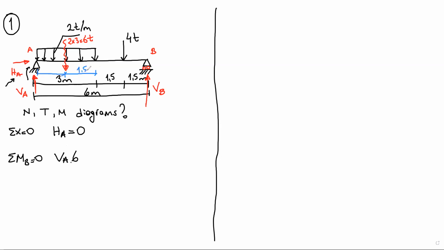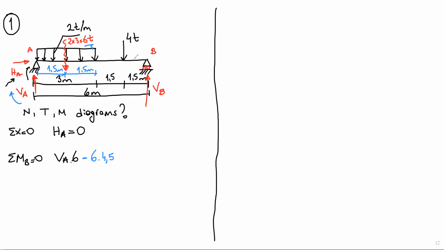That means here 1.5 meter, 1.5 meter. Okay, so 6 times 4.5 meter. But is it positive or negative? If vertical A rotates the system in positive direction, this one rotates in negative direction. That's why this is minus. They're in opposite directions. So we've just completed the uniform distributed load.